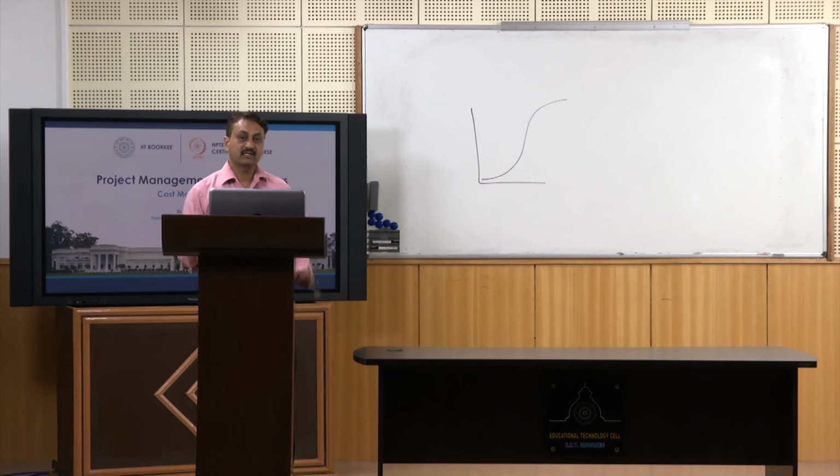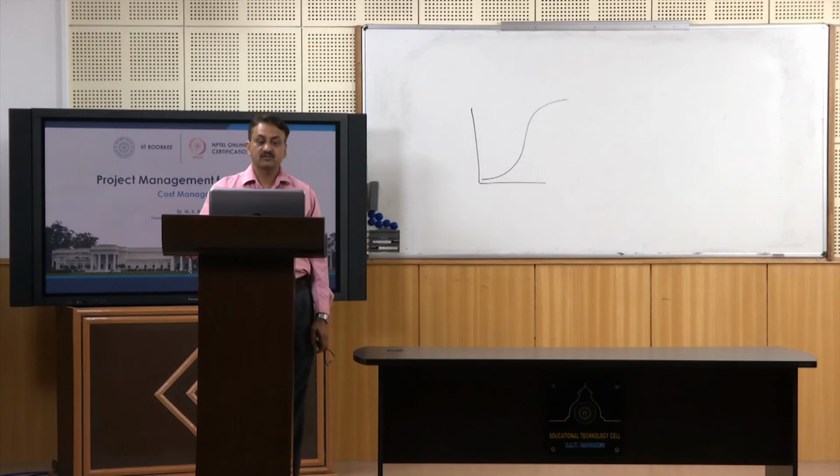So, can you calculate cost performance index and schedule performance index? It is very easy now, right. So, planned value is 103, earned value is 44, schedule performance index is the ratio of earned value to planned value, which is 43%, right.